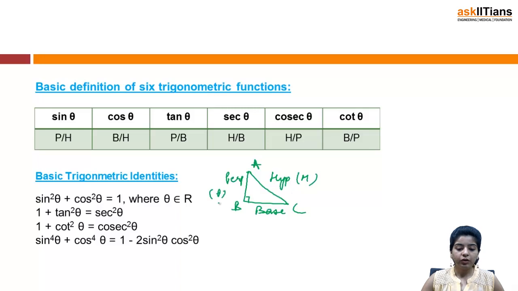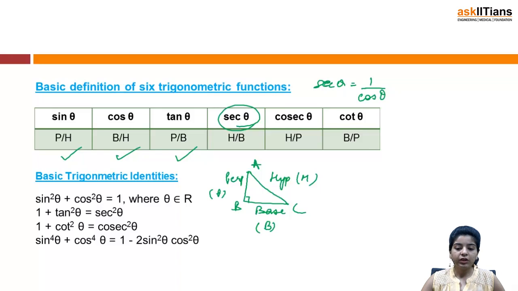So they are generally denoted by their letters P, B, H, respectively. So sin theta defines perpendicular upon hypotenuse, then cos theta is base upon hypotenuse, tan theta is perpendicular upon base. Now sec theta is basically 1 by cos theta.